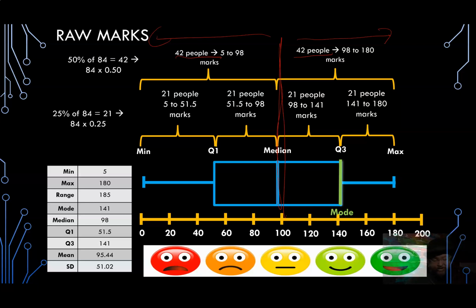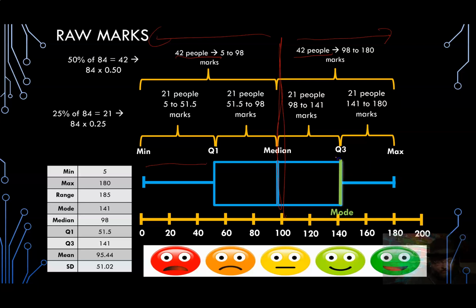We can break it down more. A quarter of 84 students is 21, so 21 people fell between 5 and 51 marks, another 21 between 51.5 and 98, and then 98 to 141. We know what ranges we start having.